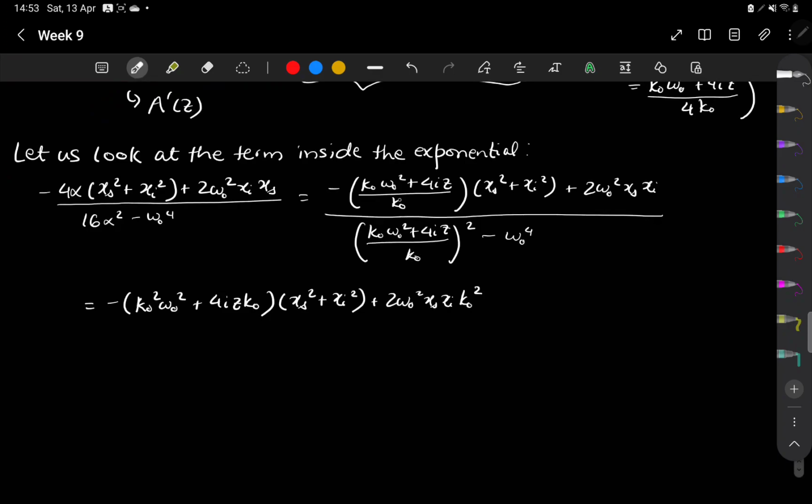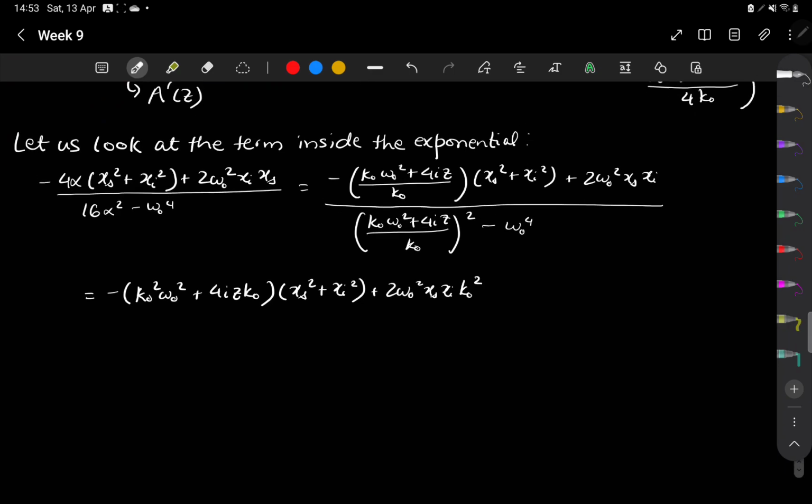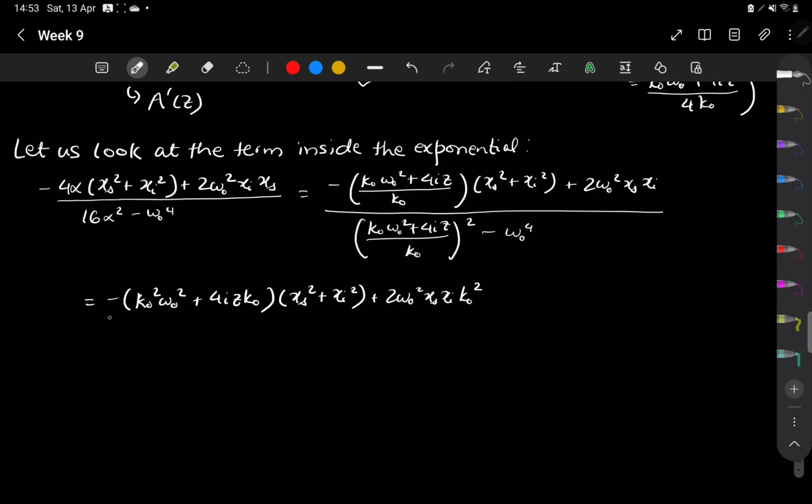Just this k naught here and here, one of the terms cancels out. That's what I'm doing now.